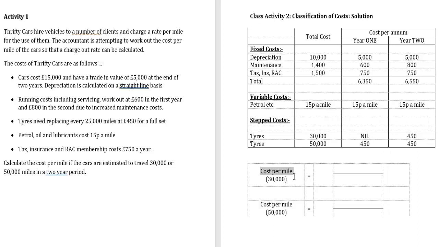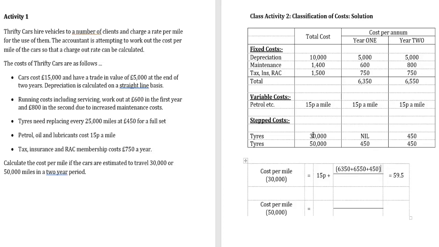Let's now calculate the cost per mile for 30,000 miles. So if I use the car for 30,000 miles, in that case, I will use all the fixed cost of the first year and all the fixed cost of the second year. It will not be affected by this decision. So in that case, it will be 6,350 plus 6,550.